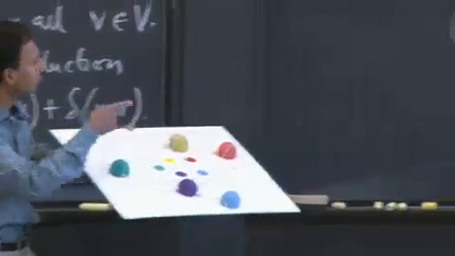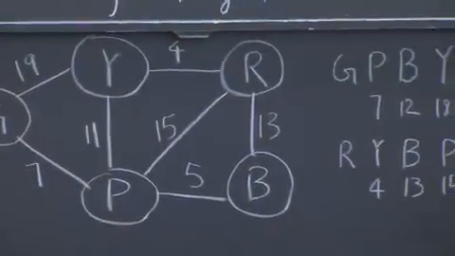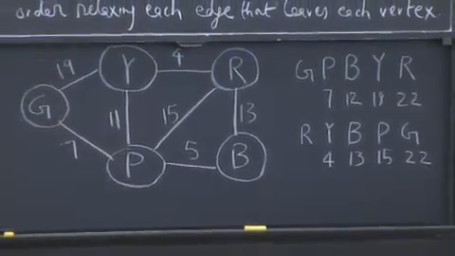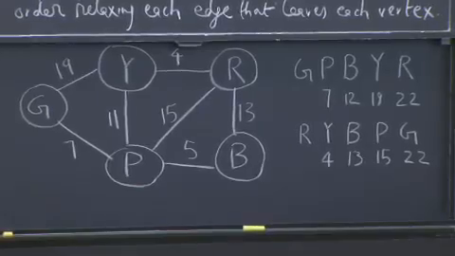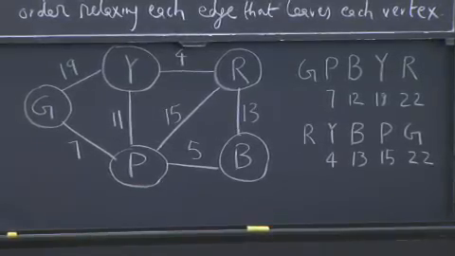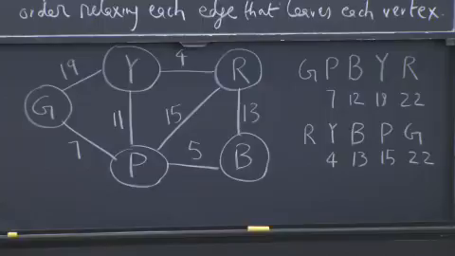First, make sure you buy those values that I have there. If the green ball is the starting vertex, then the shortest path to the purple vertex, P, is 7.